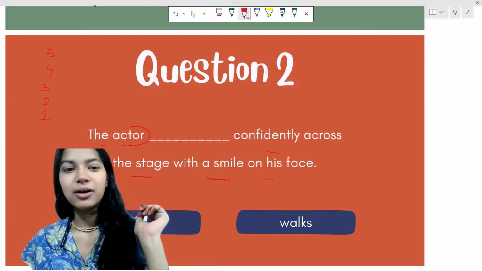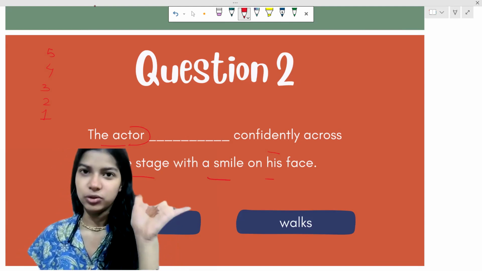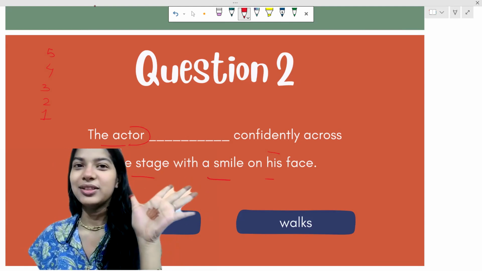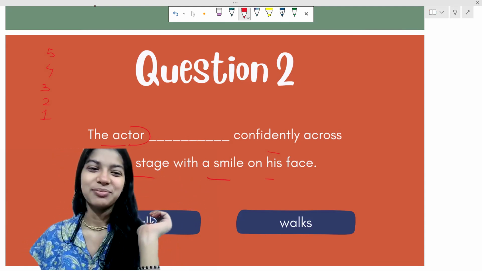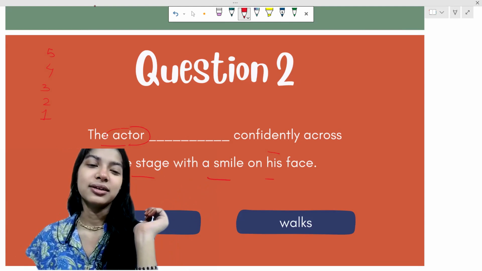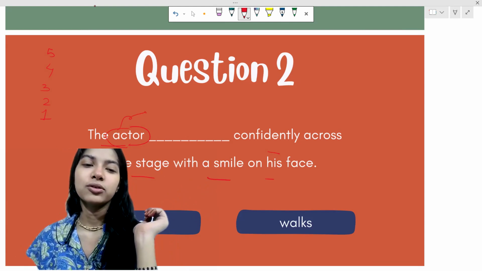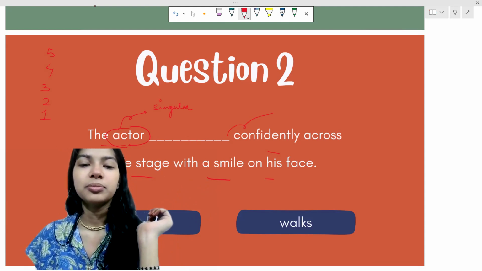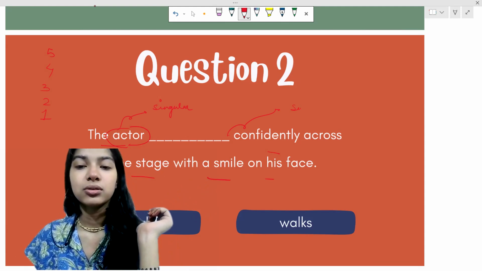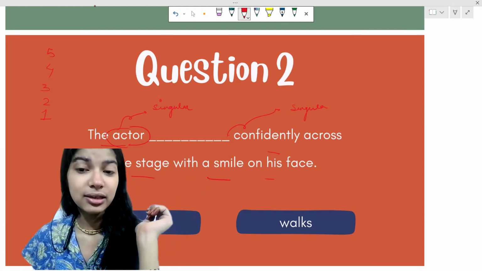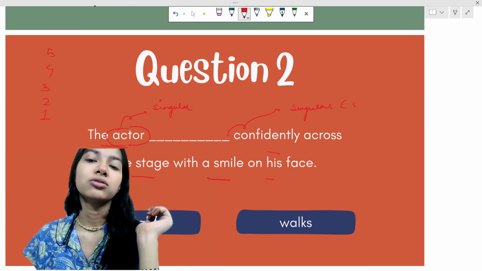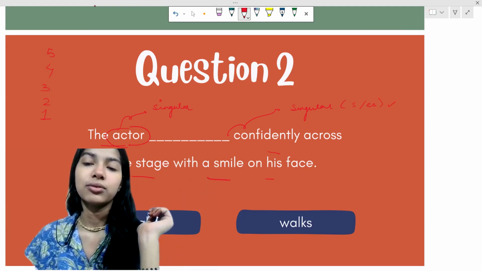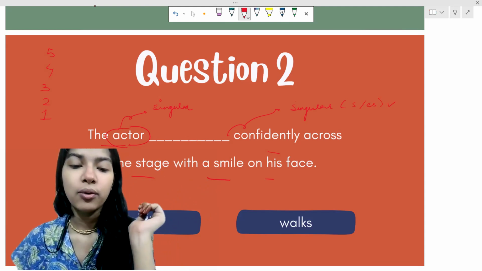Now you got your answer, right? Let's check it. The subject here, the actor, is singular, so the verb should also be singular. That means it should include s or es.